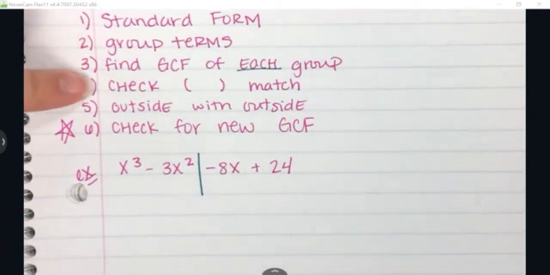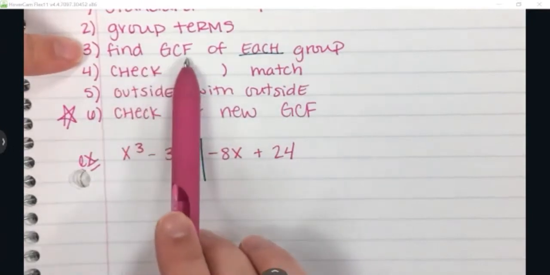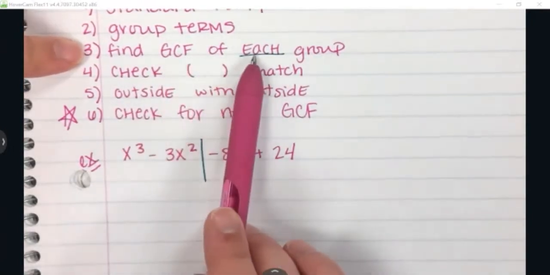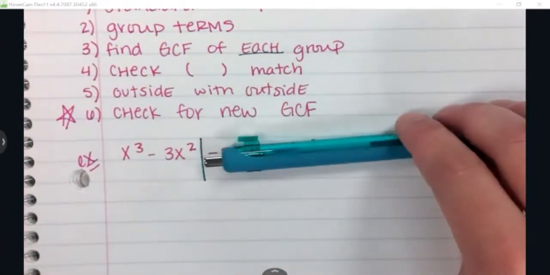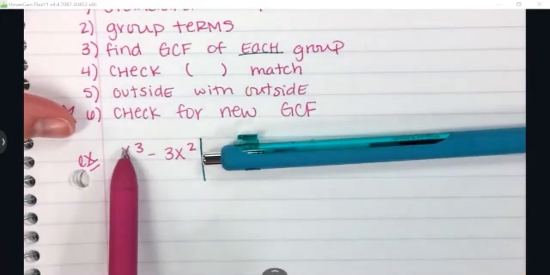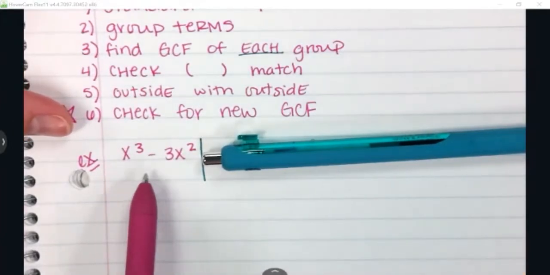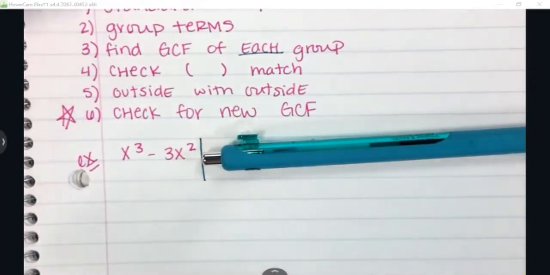Step number 3, find the GCF, the greatest common factor, of each group. So we're not even worried about this right now. We're looking at group number 1. I have x cubed minus 3x squared. What do they have that's the same? X squared.